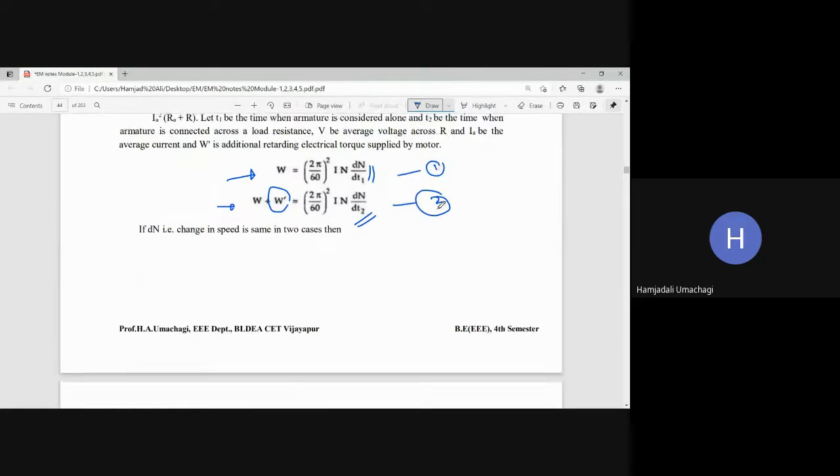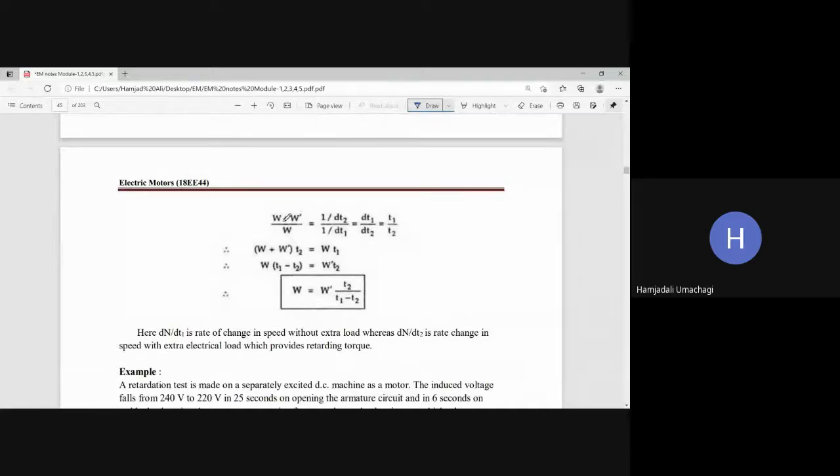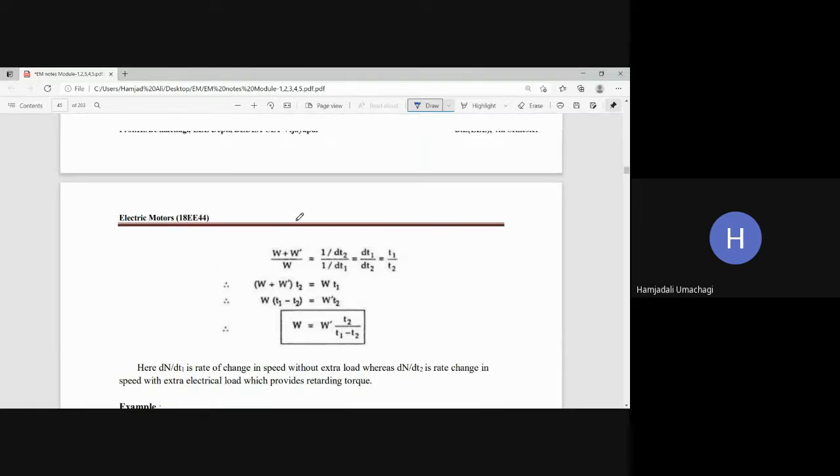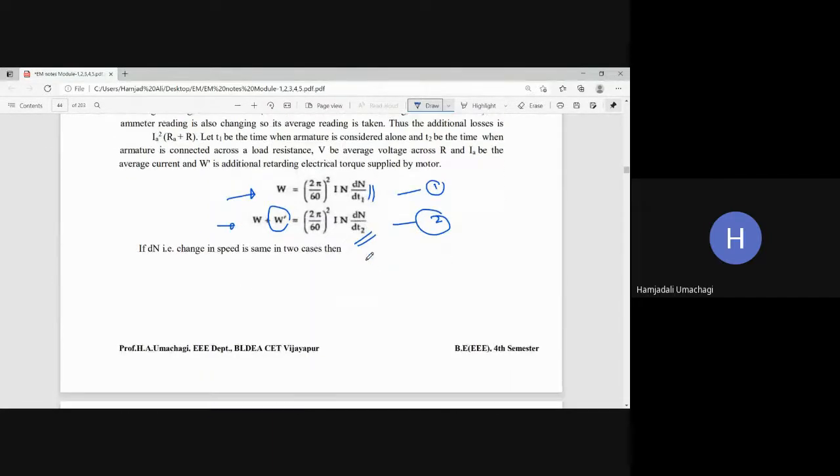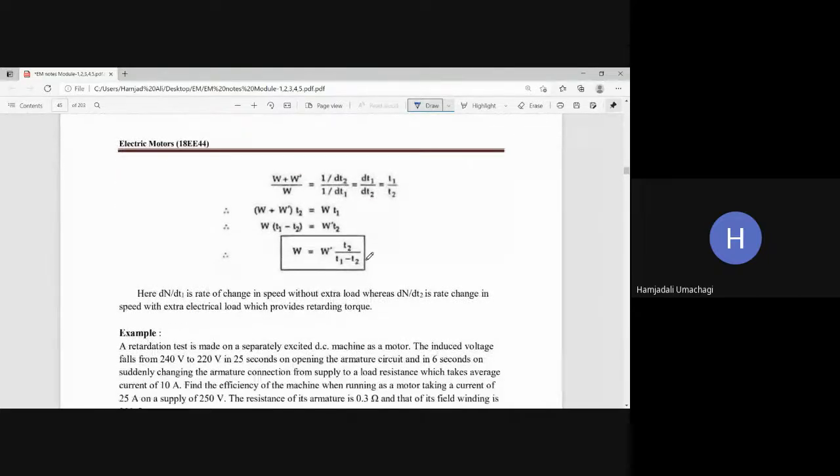What is my equation 2 here? W plus W'. This is equation 2. Equation 1 is W. So whatever relates to W plus W', you rewrite once again here. Simplify all the things.